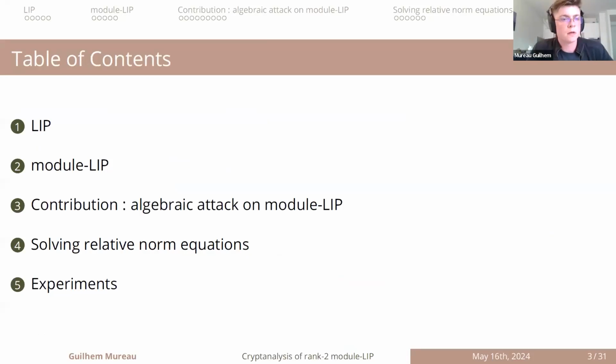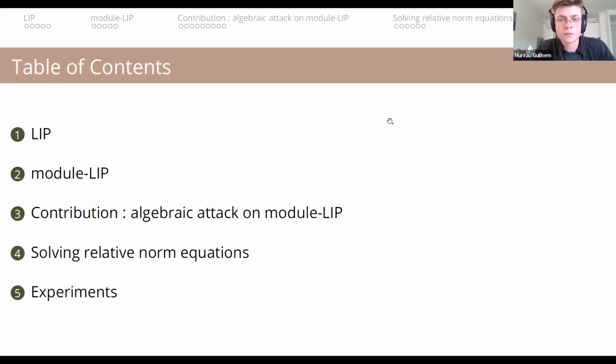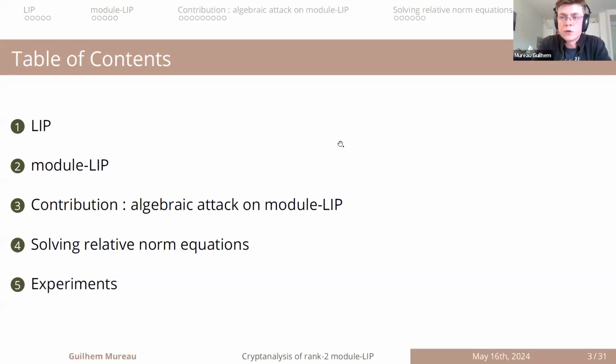Here's the plan. I will first give all the background on lattices, define the lattice isomorphism problem, and also present the state of the art for the problem. Then I will define the algebraic variant, module LIP. The third part is the main contribution, the algorithm for solving the problem.